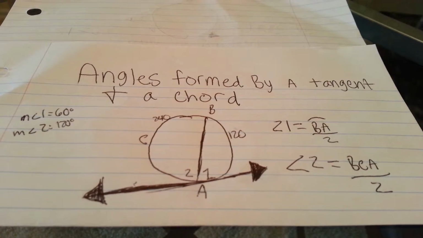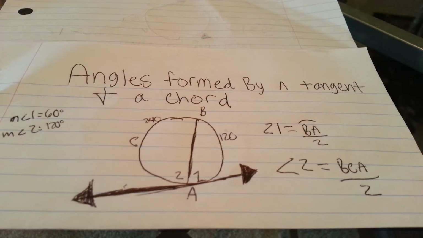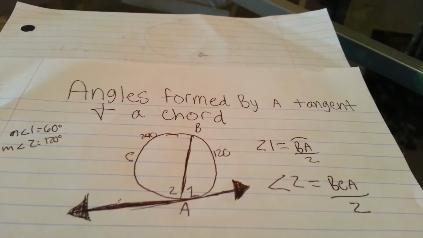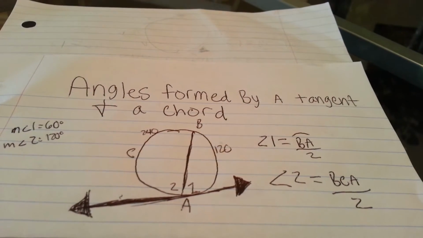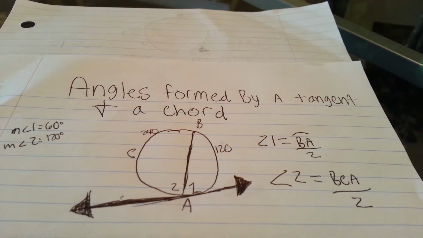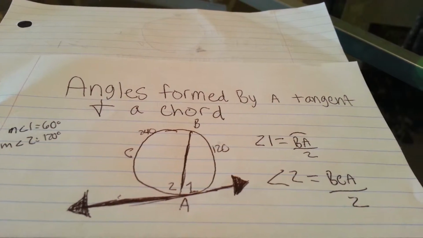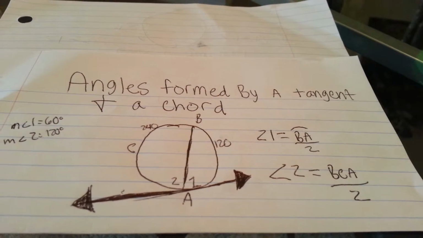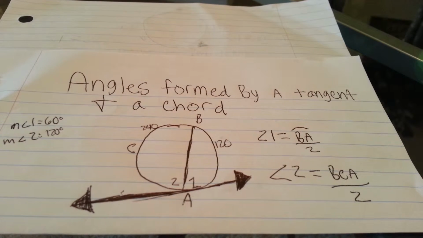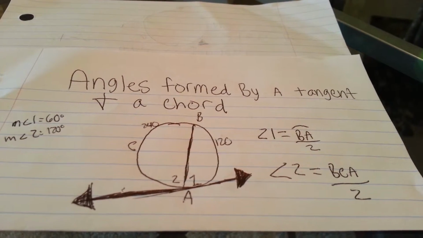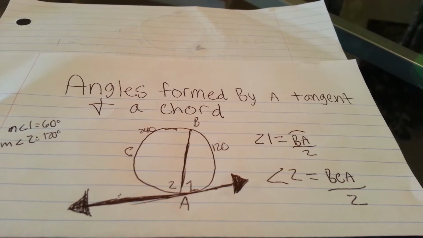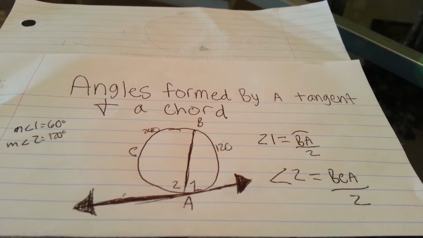The next portion we'll be learning about today is angles formed by a tangent and a chord. In this problem, you can clearly see that arc AB equals 120 degrees. Therefore, with the formula that we have to use, if you divide that by 2, you will get 60 degrees for angle 1.